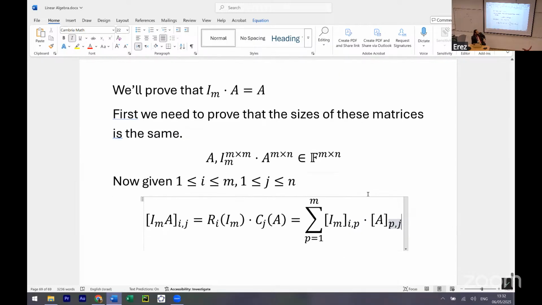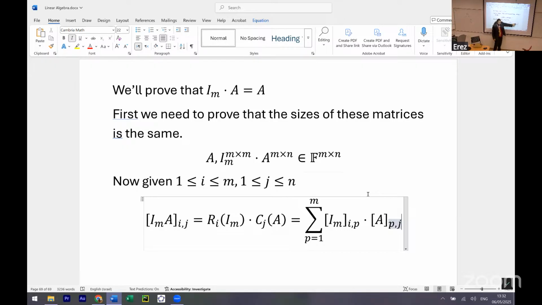And I'll try to remind you why is that true? Because when p goes, this is basically a for loop, right? It's a for loop when you do plus equal, right? So when p runs from 1 to m, i always remains the same, meaning that I stay on the ith row, and I take the first element of the row, the second element, the third element, that's going through the row.